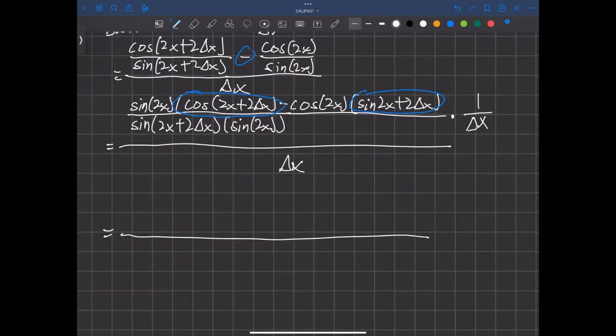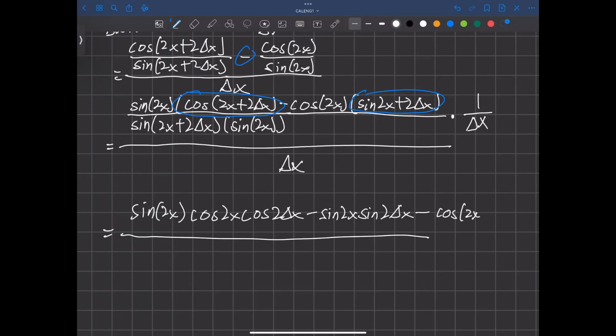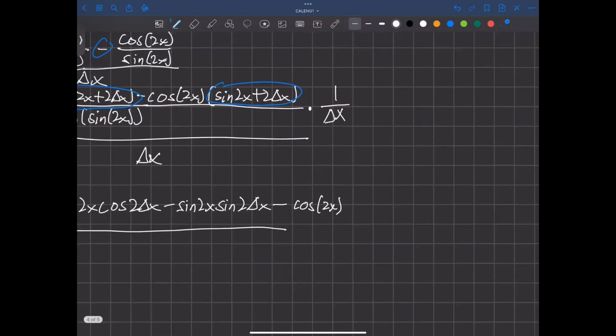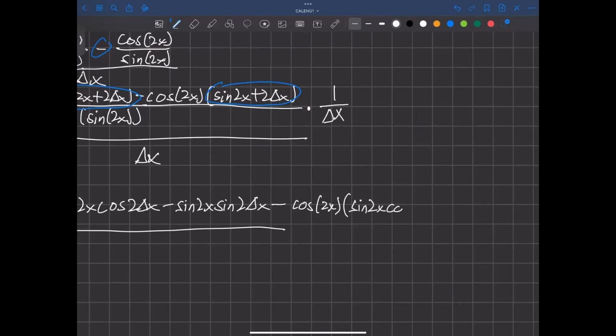So we'll be given sine 2x times cos 2x cos 2 delta x minus sine 2x sine 2 delta x, minus cos 2x times sine 2x cos 2 delta x plus cos 2x sine 2 delta x.